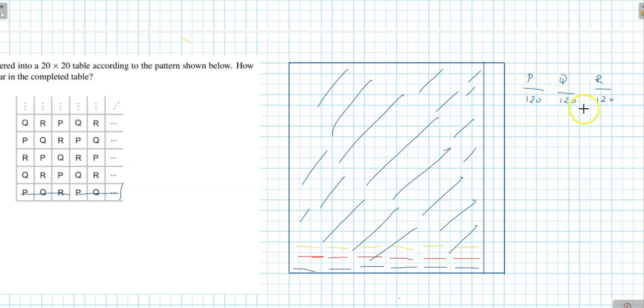We are going to think very carefully. It started with P, PQR, PQR, it will continue. This one is P, this one is Q, and then this one is R. P, Q, there is no R.